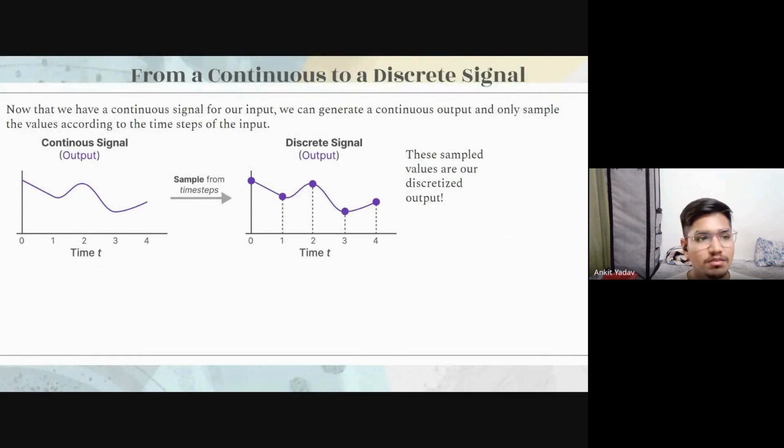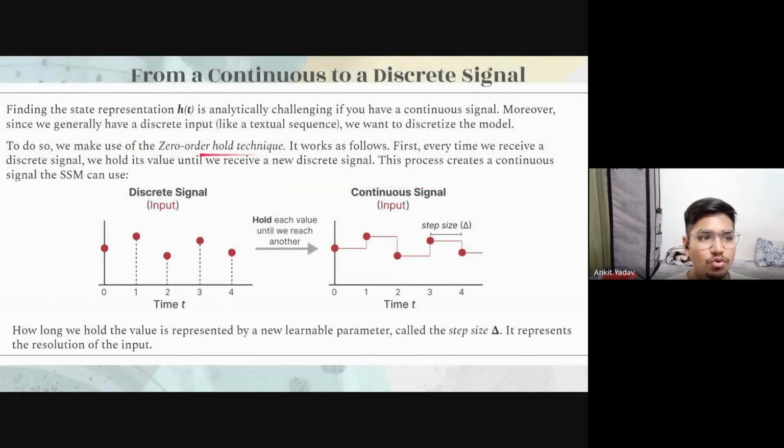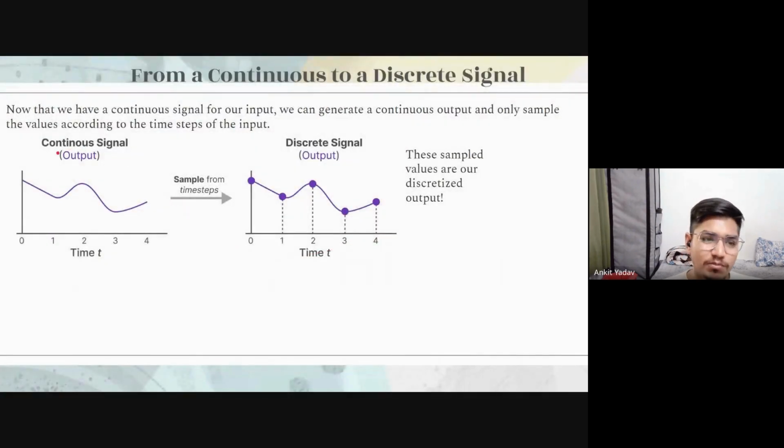How this works is again using this zero-order hold technique. This itself is another paper, so I'm just using the name itself to tell; you can refer to this technique for more detail. With the help of discrete input, I'll get a discrete output also.